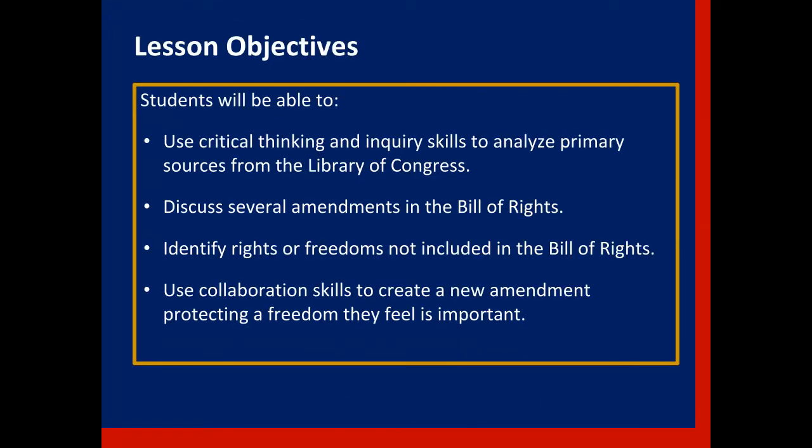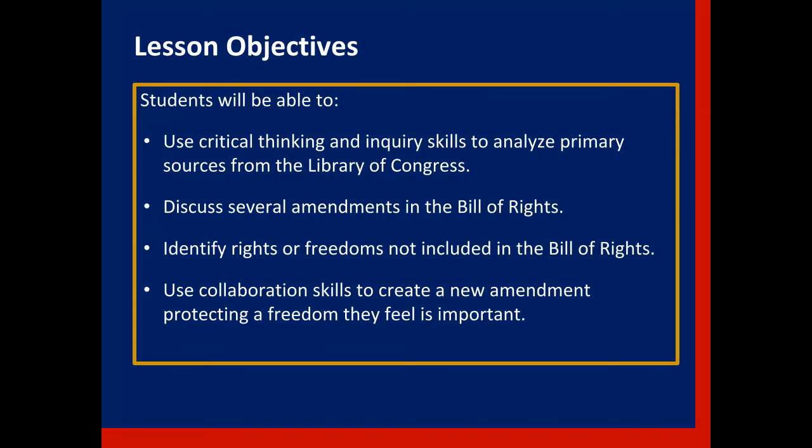The objectives of this lesson really demonstrate what Sarah described as the knowledge, skills, and dispositions of effective citizenship or civic learning. In this lesson, students will, as you see in the first bullet point, develop skills. So they're going to develop critical thinking and inquiry skills when they analyze primary sources.